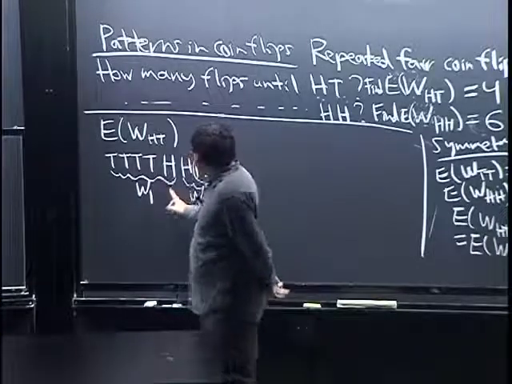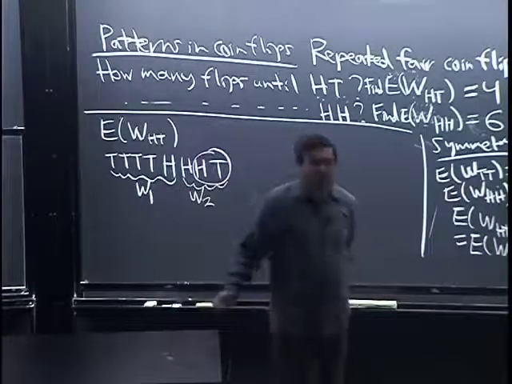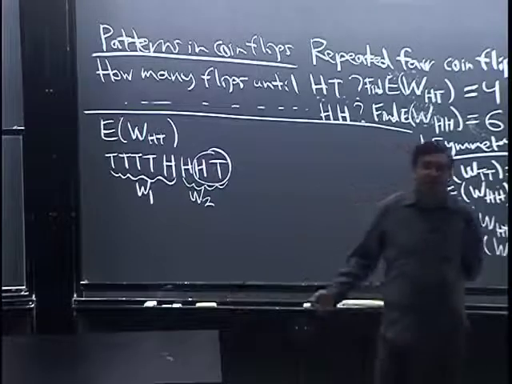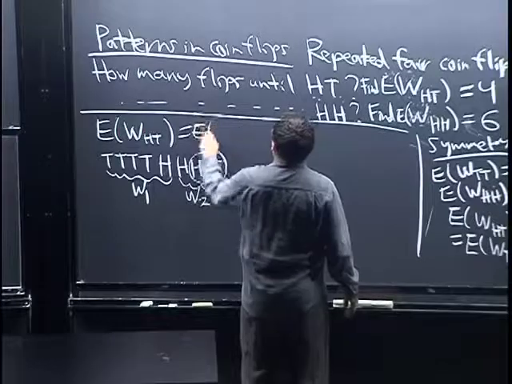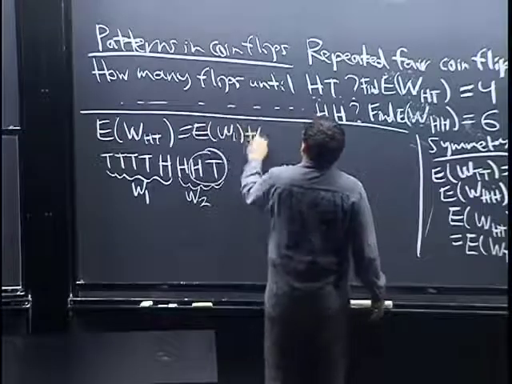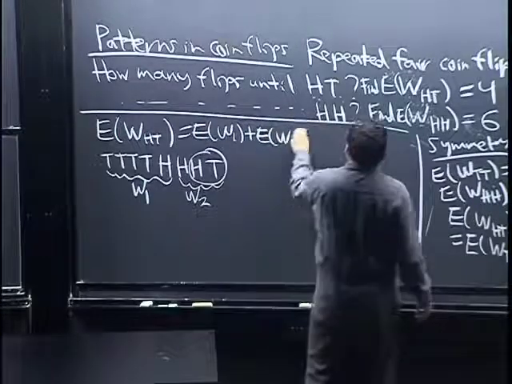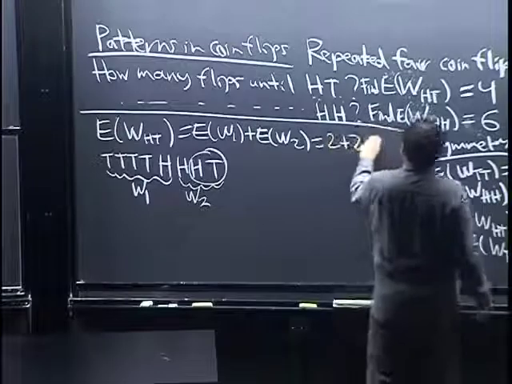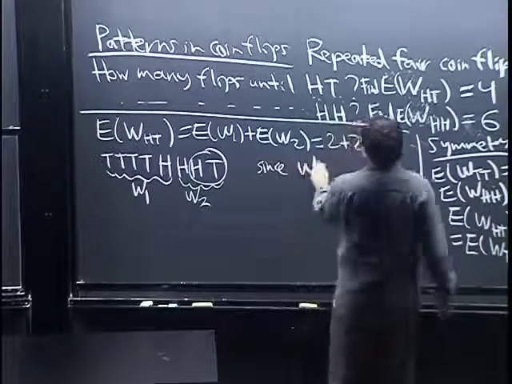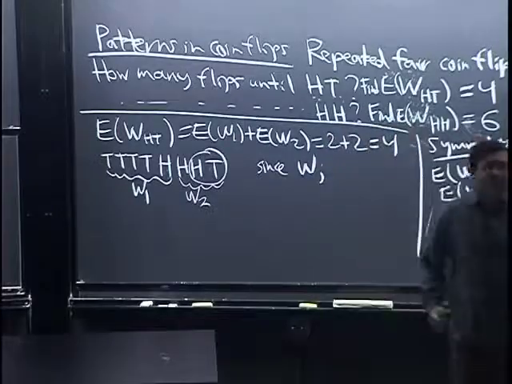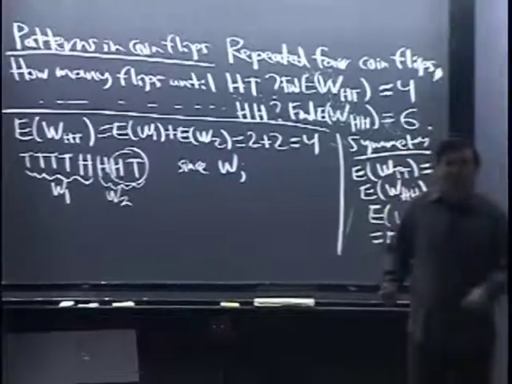Those are independent of each other because the coin is memoryless, but even if they were not independent, we could still apply linearity and just say this is E of W1 plus E of W2 equals 2 plus 2 equals 4, since the W is basically a geometric. The only thing we have to be careful about is that we define the geometric to not include the success.